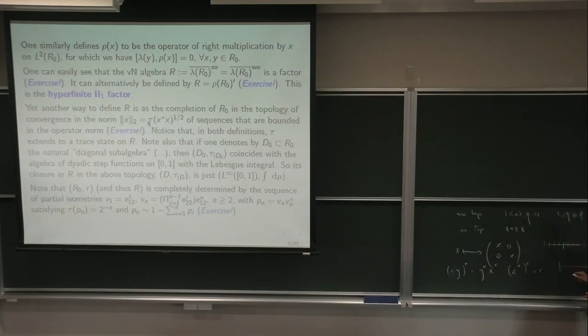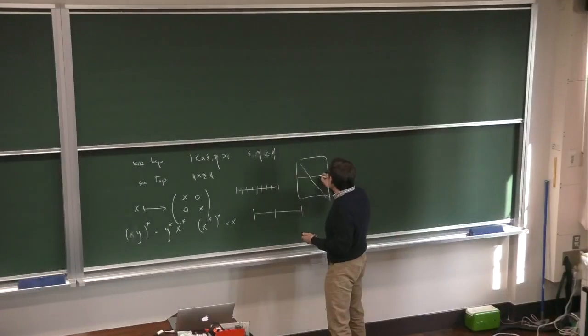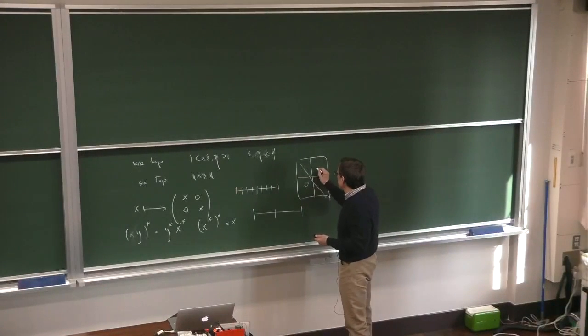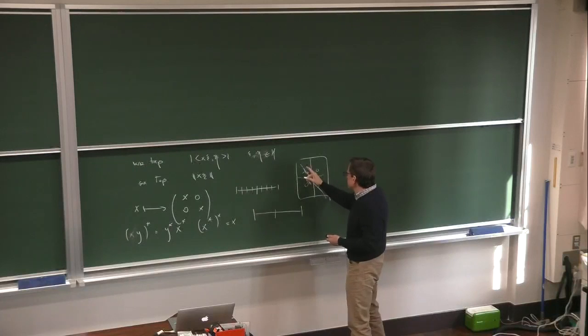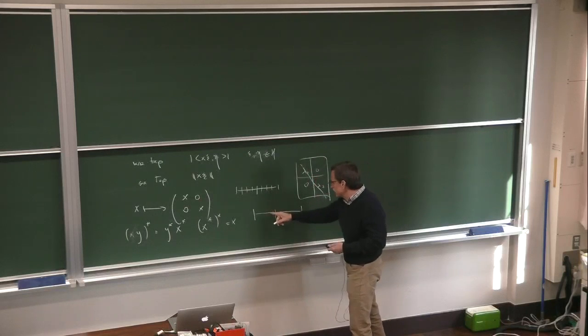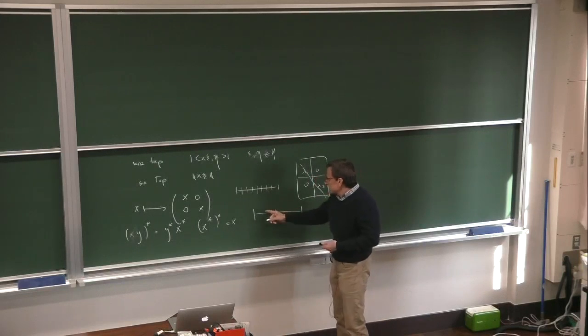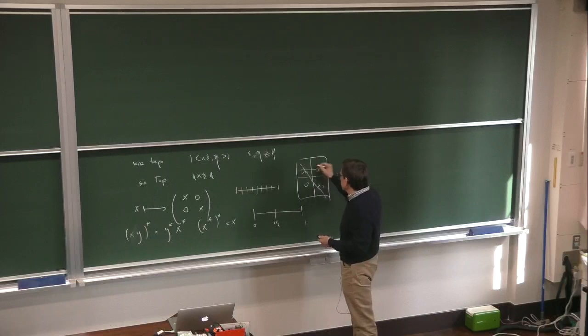So this is the first, the diagonal of 2 by 2 matrices, but usually you put the unit interval here. It's just multiples of this projection plus multiples of this projection. This is your splitting of 0-1 into 2, and then you split in 2 and so on and so on.